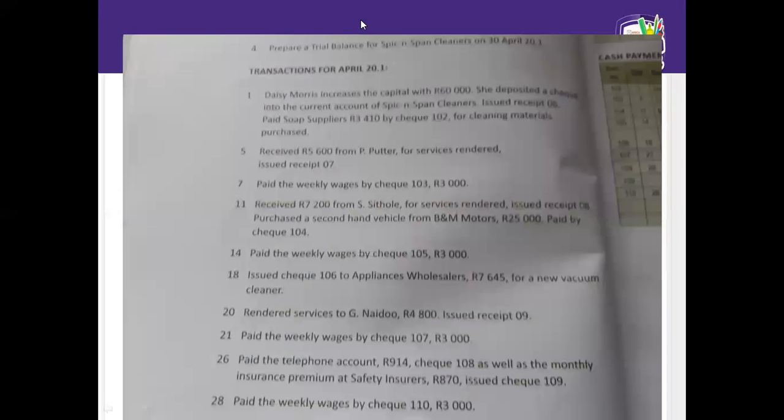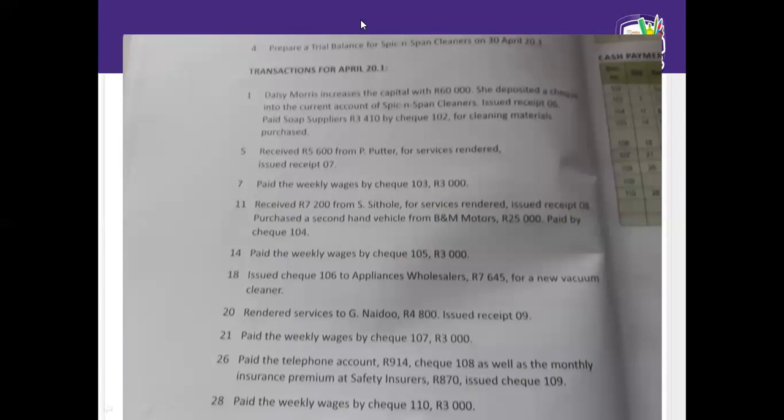Right, then we move to the 26th and be careful with this one. Paid the telephone account, 914 Rand with check 108, as well as the monthly insurance premium at Safety Insurance, 870 Rand, issued check 109.